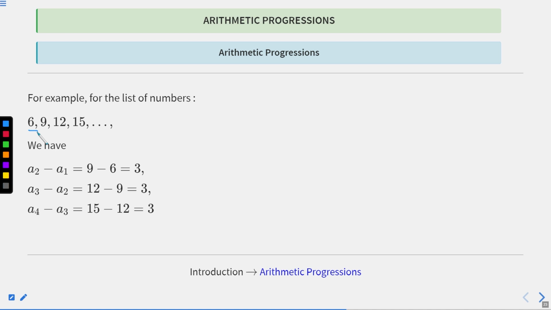Now we can find the first term and the common difference D. The first term is 6, so A is equal to 6.